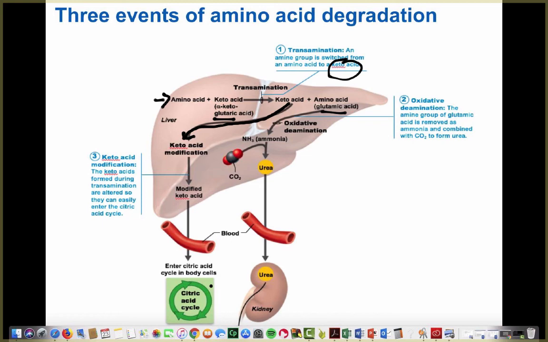And so you're going to remove the amine group from here. And then you have the ammonia, and this happens in the liver, and that's going to be combined with CO2 to form urea, and then that's going to be excreted.